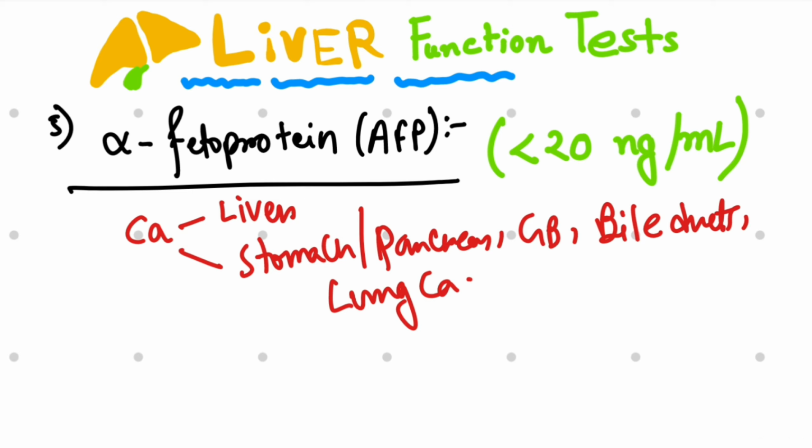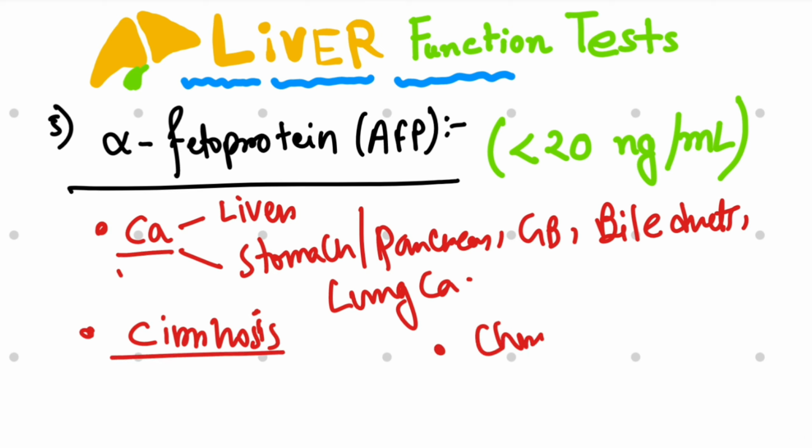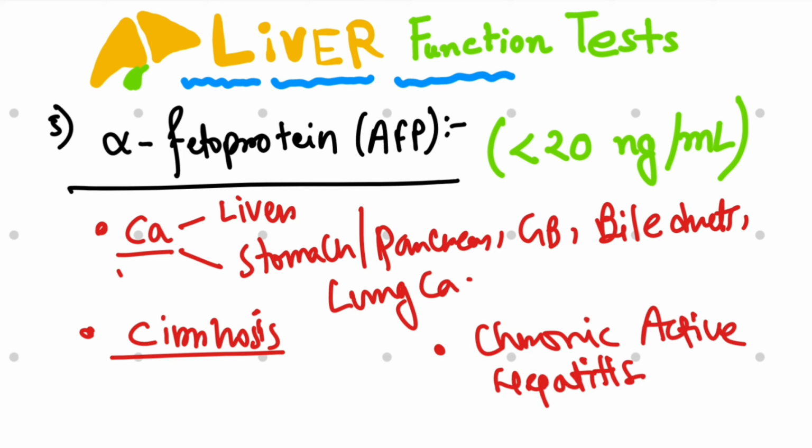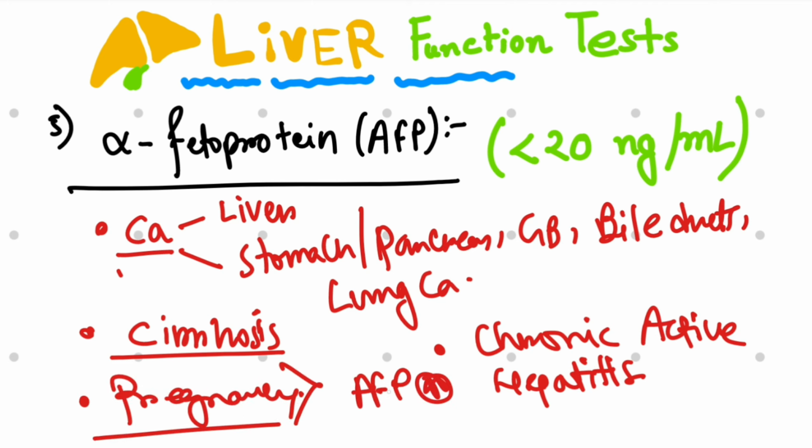These carcinomas can cause rise in alpha fetoprotein level. If a patient is having cirrhosis of liver, then also this alpha fetoprotein level can rise. If a patient is having chronic active hepatitis, that might also lead to rise in this alpha fetoprotein titer. And also in pregnancy, normally this AFP level is increased.